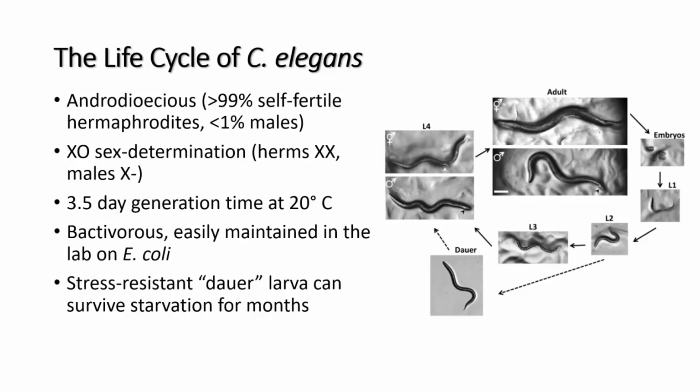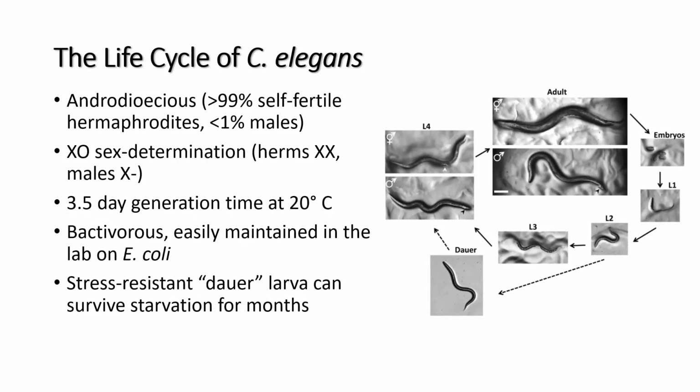So in a typical culture of C. elegans in the lab, there are more than 99% hermaphrodites. The hermaphrodites are self-fertile, or they can be fertilized by the males, which occur at less than 1% typically in a lab population. But one hermaphrodite cannot fertilize another hermaphrodite. It has to mate either with itself and self-fertilize, or with a male.